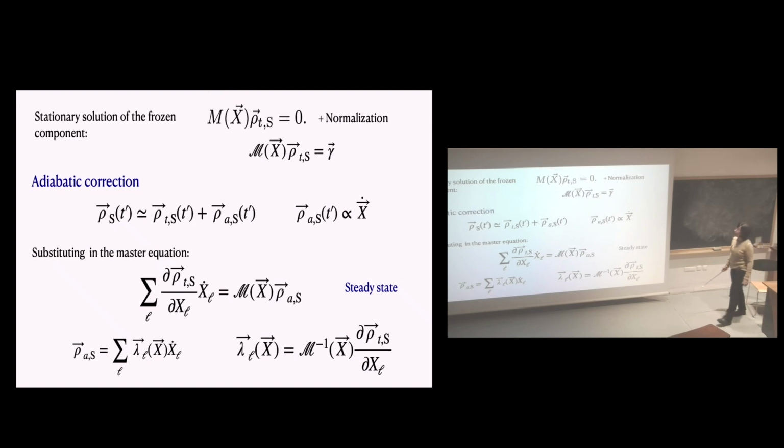This is a sketch of what I already said for the frozen part. Introducing the normalization, we get a well-defined linear equation from where I can calculate this quantity.